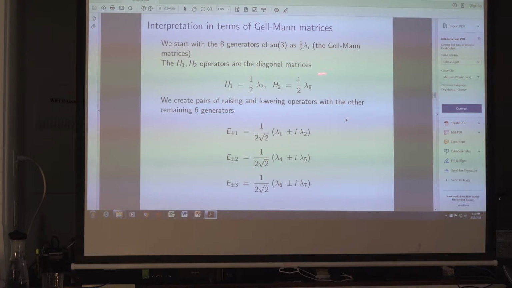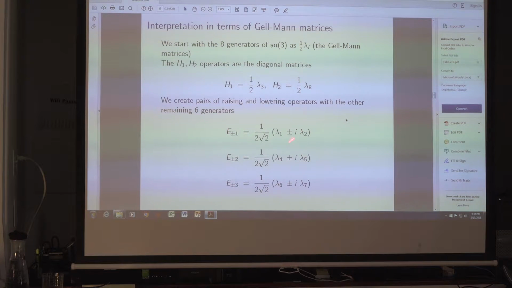So the diagonal matrices will correspond to your Cartan generators because the diagonal matrices commute with each other. So that will be the natural choice, right? And then the other 3 pairs will be given by these linear combinations of the plus minus. And here, again, I'm introducing the i's, okay?